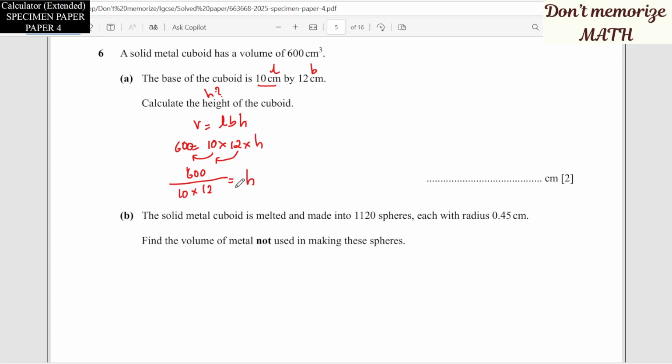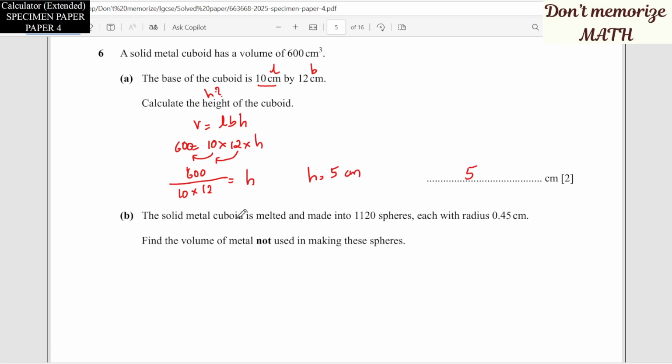So you will get like this. This is a calculator paper, so you can calculate this part by using calculator. So you will get 600 divided by 10 times 12. So the answer is 5 centimeter. Okay, so the height is 5 centimeter.